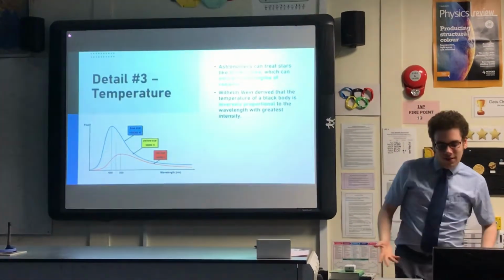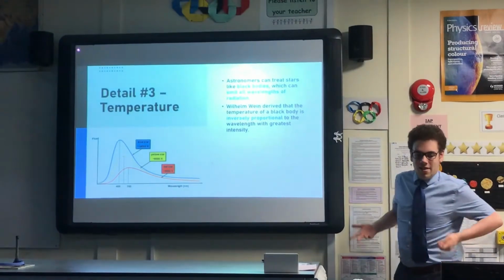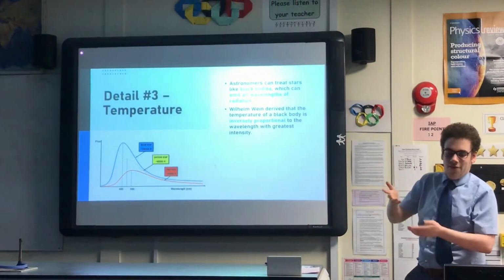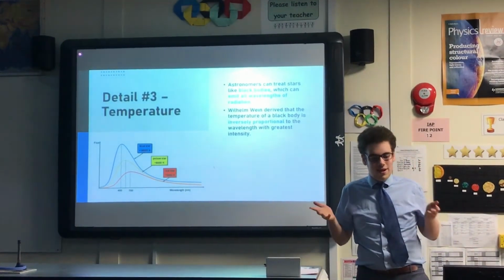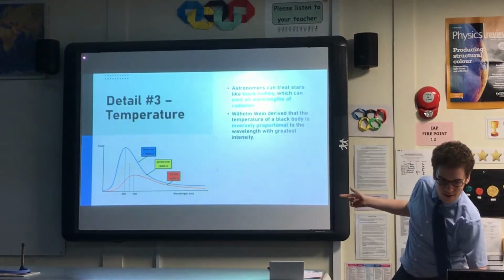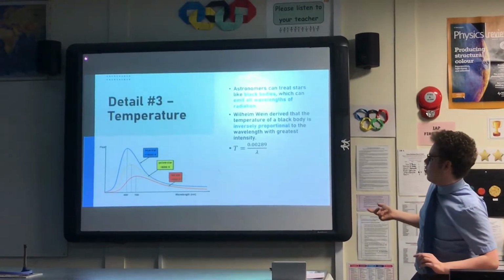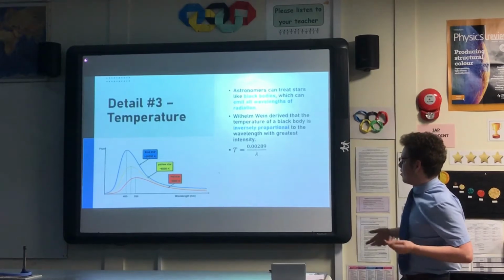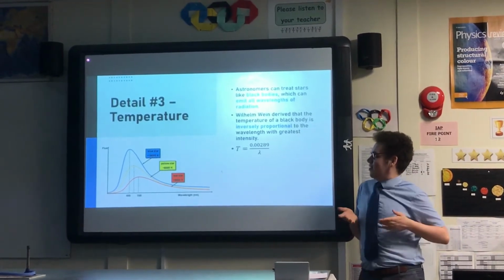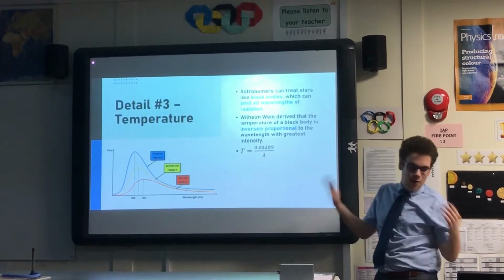So Wien derived that the temperature of a black body is inversely proportional to the wavelength with the greatest intensity. And this comes up as T equals 0.00289 divided by the wavelength.